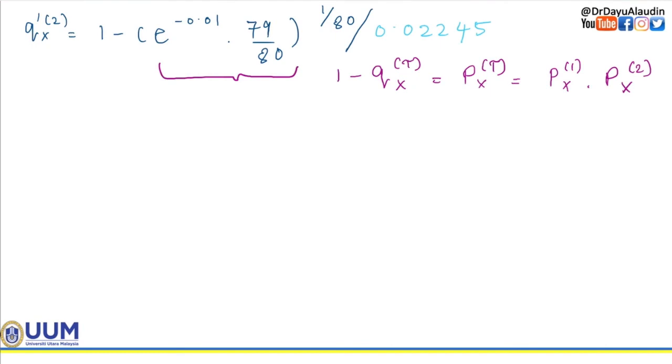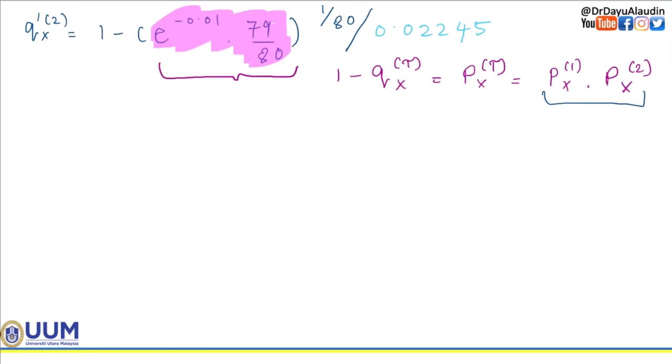Now we can find qx2 prime. So this is 1 minus qx tau, which is equal to px tau. So px tau is px1 times px2.